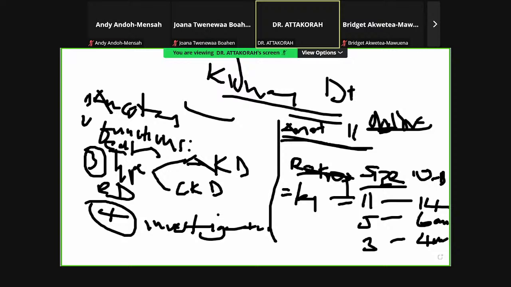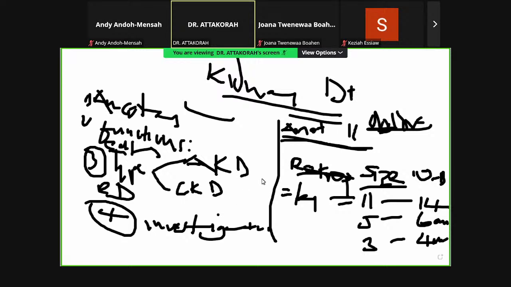The renal parenchyma comprises two layers. It is basically divided into two. We have the cortex and we have the medulla. And this is very important. So the renal parenchyma comprises the cortex and the medulla.